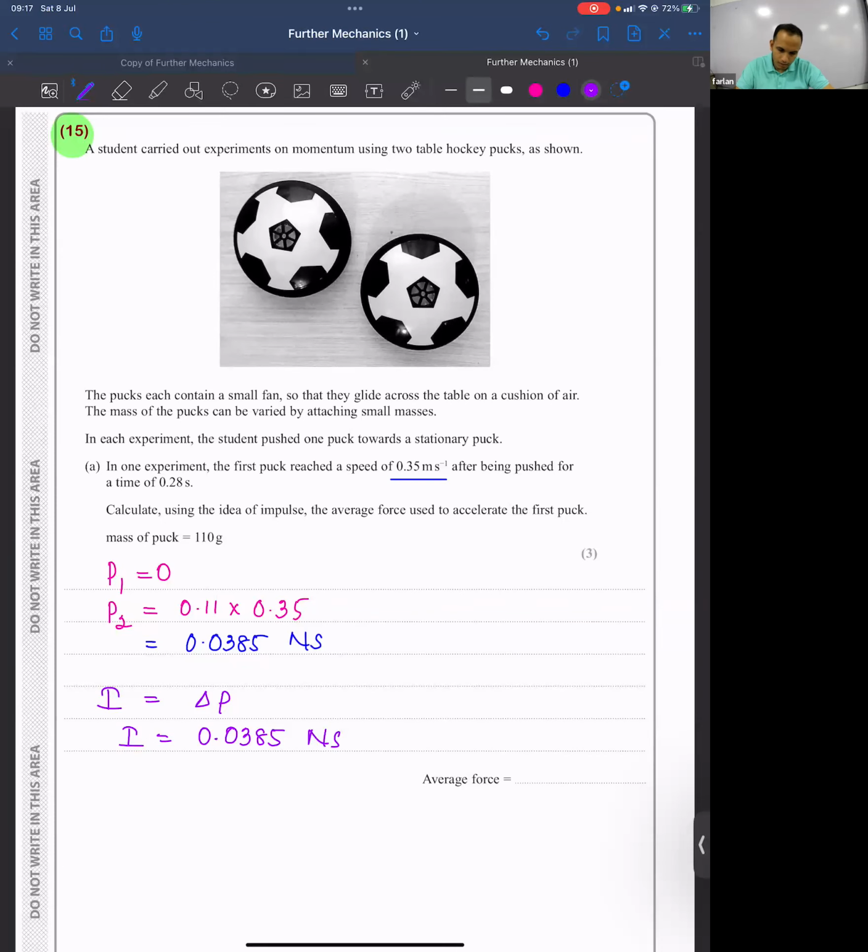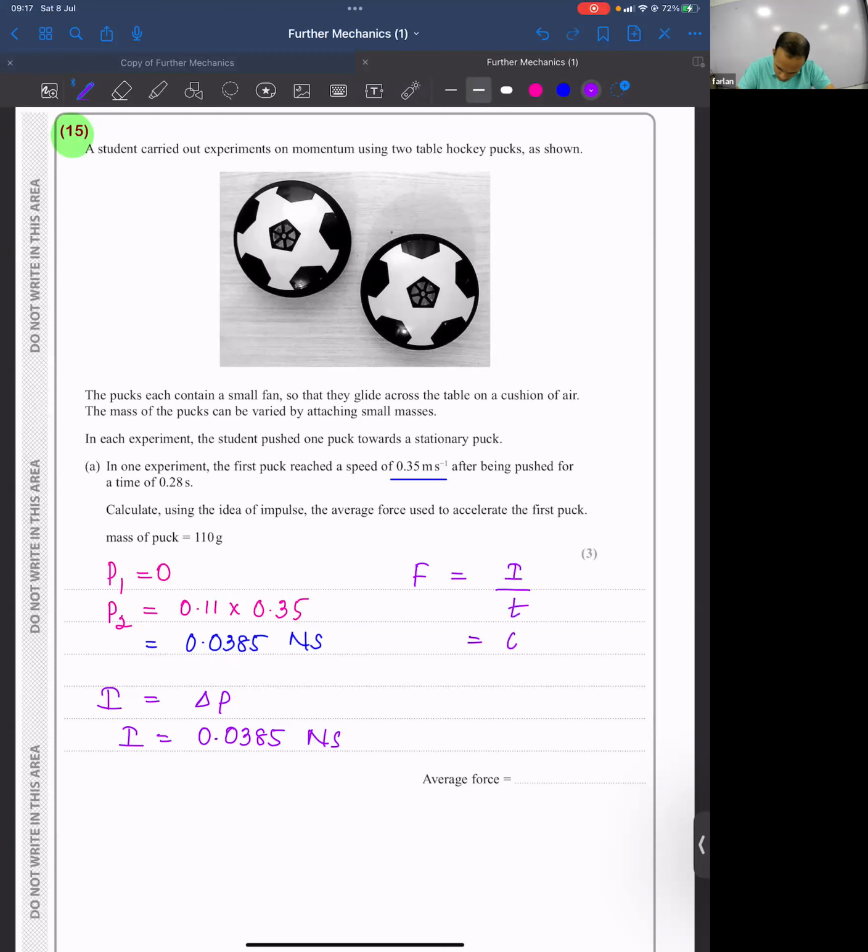So finally, calculate using the idea of impulse the average force used to accelerate. The average force will be equal to impulse over time taken, or the change in momentum over time taken.